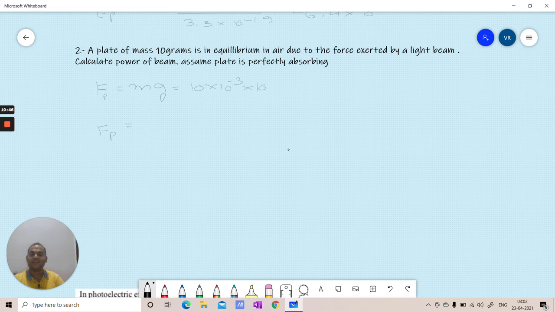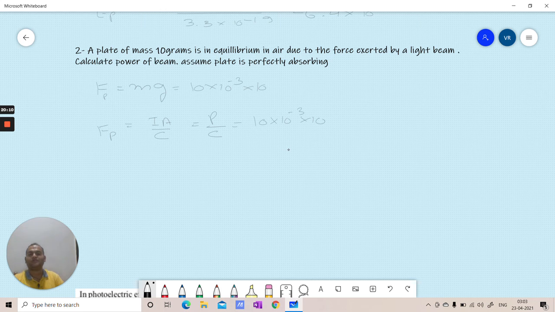That means it is taking in all the photons. If it is taking in all the photons, the force will be IA by c, or we can write it as P by c. So this P by c should be equal to 10 into 10 power minus 3 into 10.